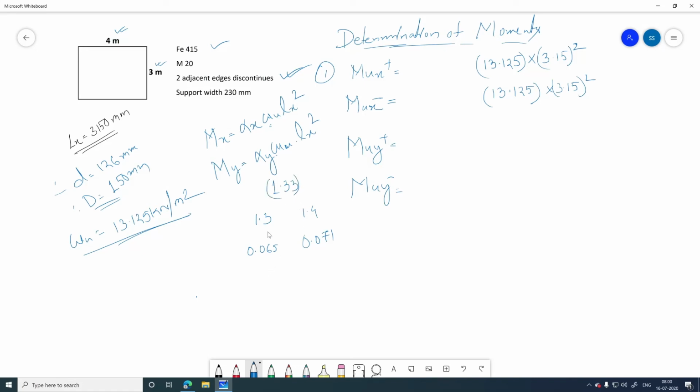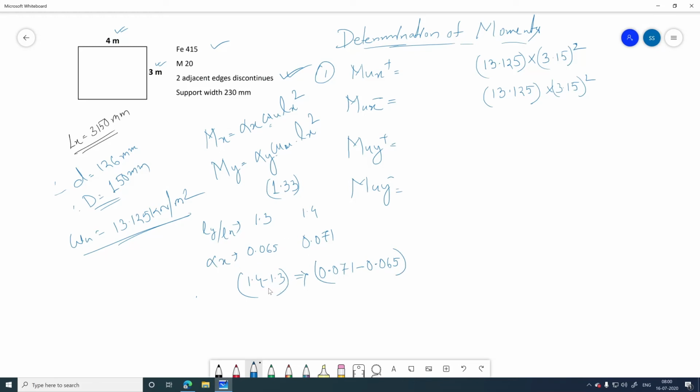So for the change from 1.3 to 1.4, what is the value change? Just the simple unitary method: 0.071 minus 0.065. For this much change in Ly by Lx, the value of alpha x changes by this difference. Okay, so we need to make the interpolation.